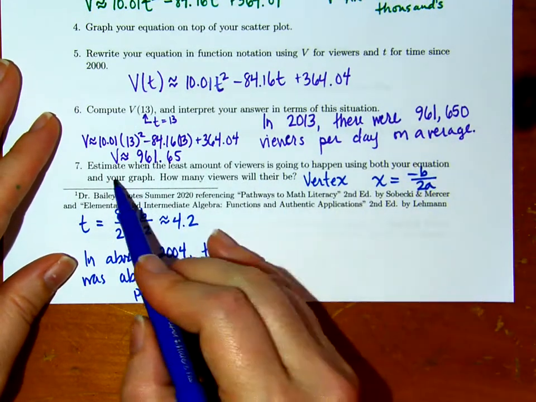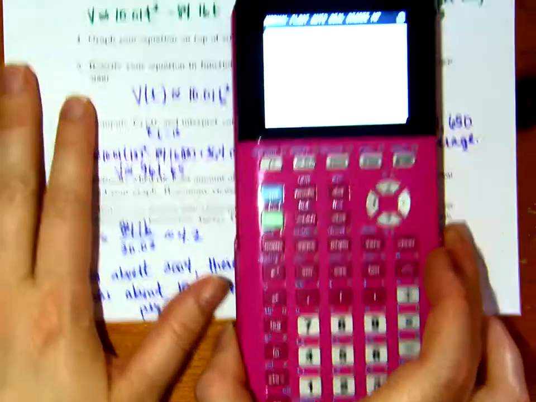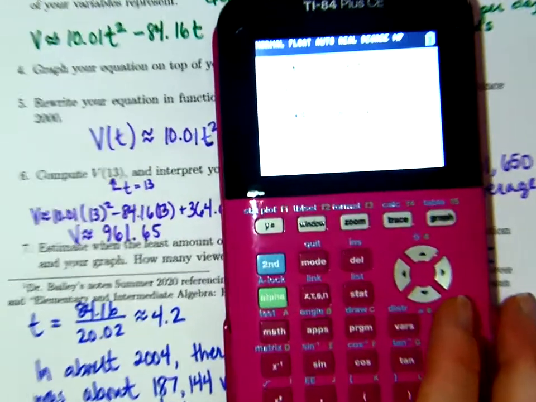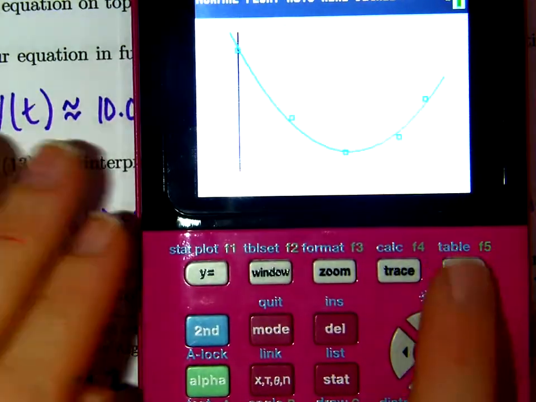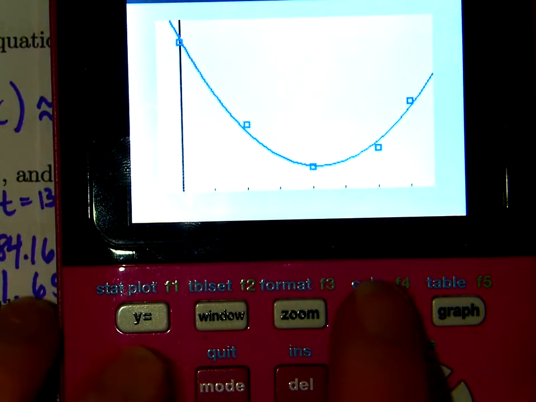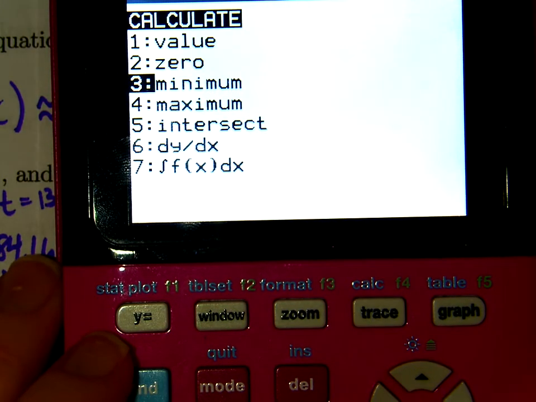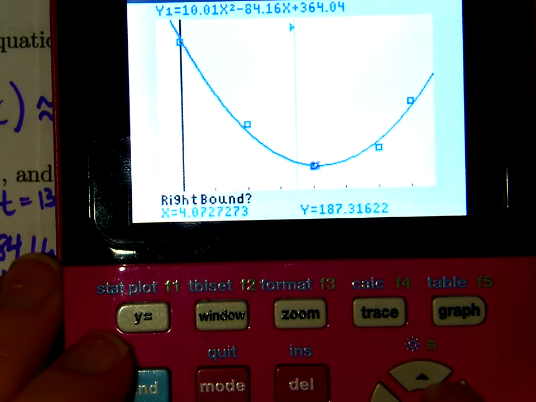Now, when we're talking about using the graph, that means we have to go back to this thing and back to the graph, and then we go second calculate. Calculate the minimum. That's the left side of the minimum. And now I'm scrolling over, and that's to the right of the minimum.